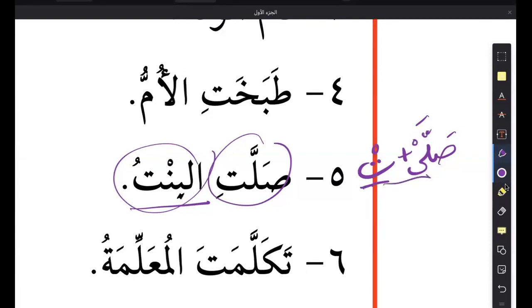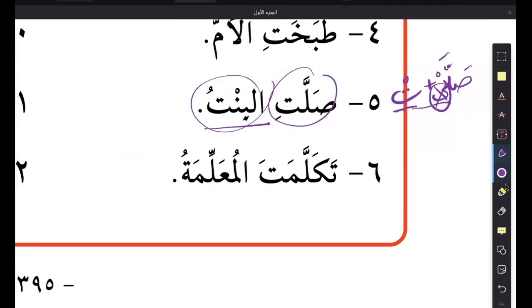Two sukuns cannot come together in the Arabic language. So someone has to sacrifice, and the one sacrificing is the weak letters. Weak letters are alif, waw, and ya. So what letter is this? This is alif. So we remove them.